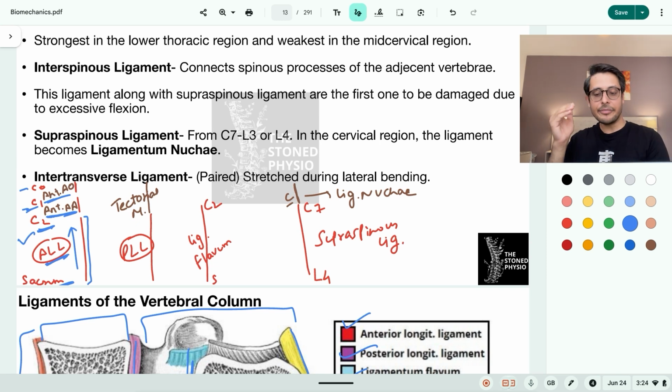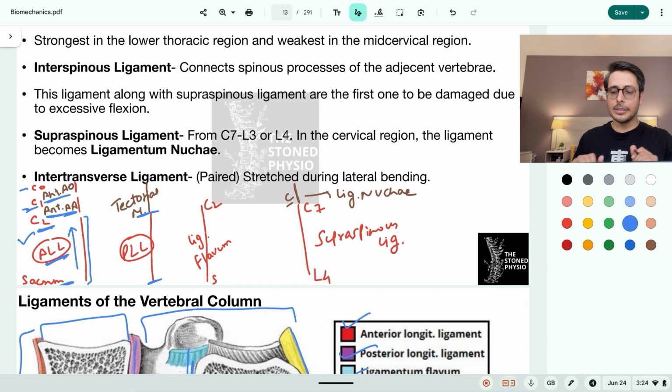Likewise, we have the posterior longitudinal ligament, which runs from again sacrum up to C2. But then above C2, unlike the anterior longitudinal ligament, it's not called posterior atlantoaxial or posterior atlanto-occipital, but it's called the tectorial membrane.